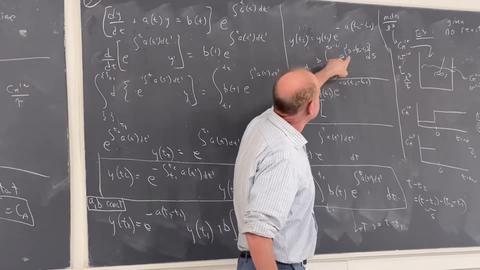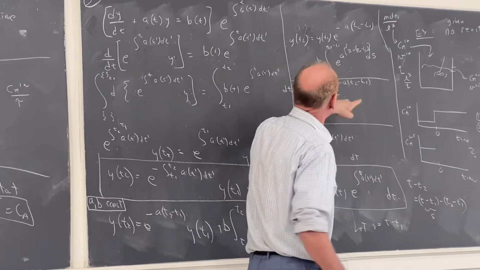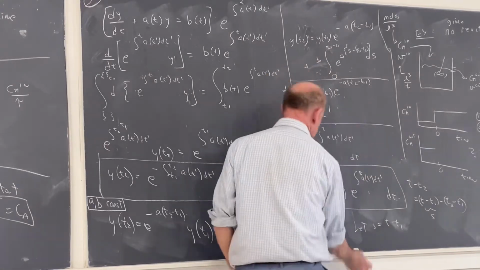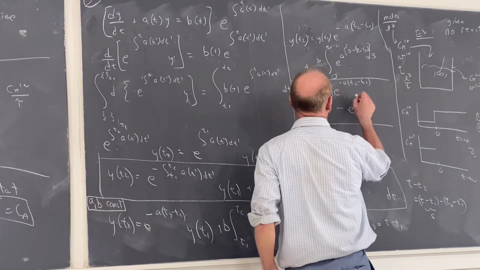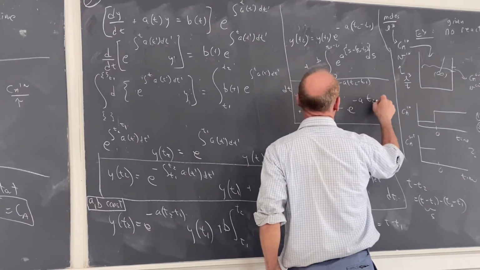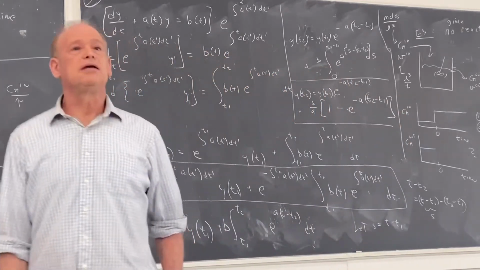The exponential of the upper limit, s equals t2 minus t1, is just 1, and the exponential of the lower limit, 0, gives 1 minus e to the minus a t2 minus t1. And that's the final solution.